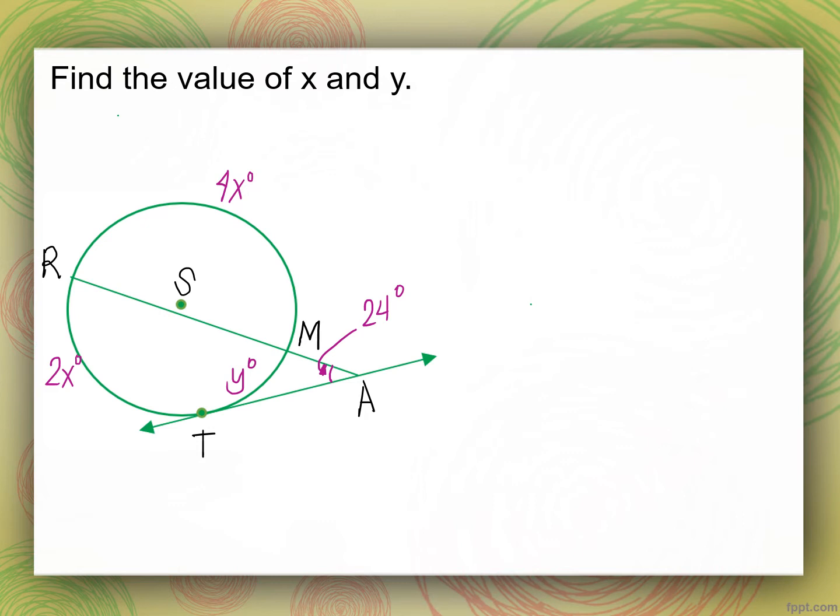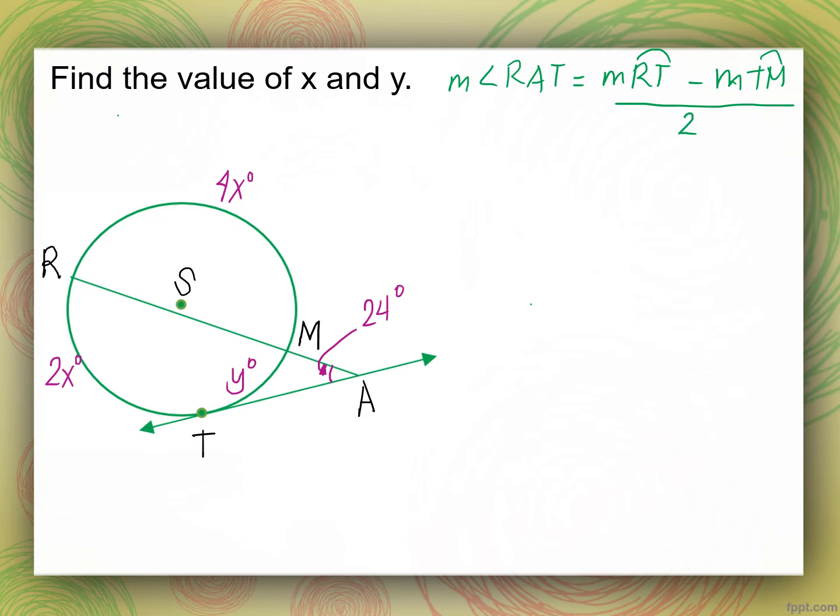So the measure of angle RAT is equal to half the difference of arc RT minus arc TM. Okay, divided by 2.